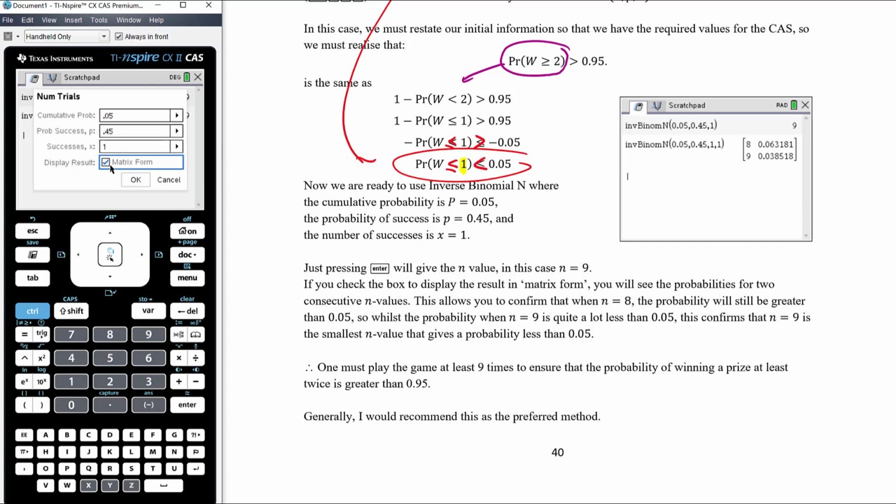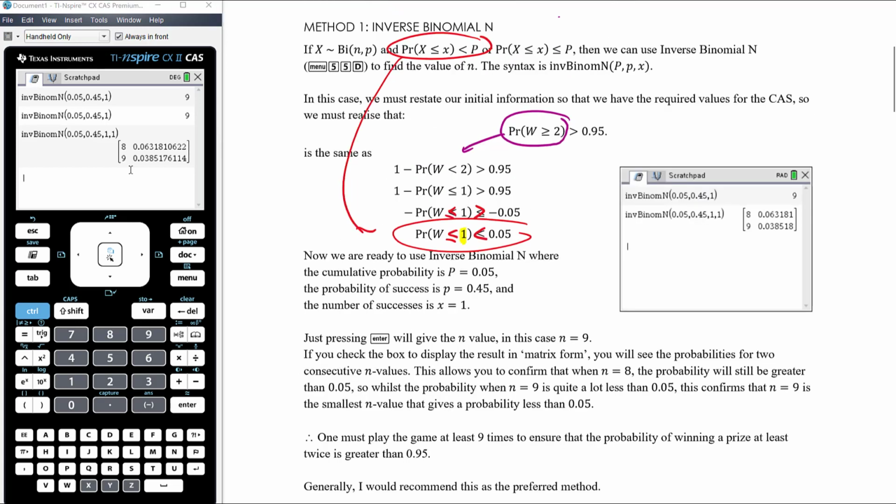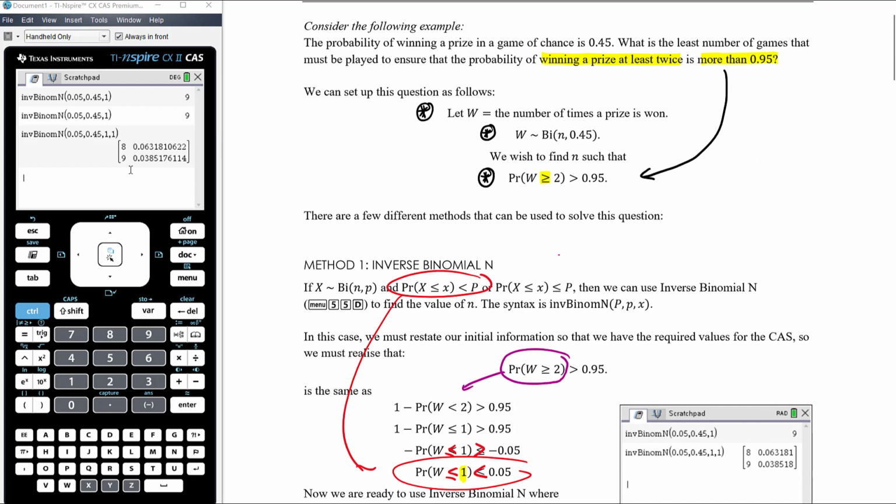So if I tick that box and then press OK, I'll get it in matrix form, and what this does for me is it allows me to verify that if n were to equal 8, the probability that W is less than or equal to 1 is 0.063, so that is still bigger than 0.05, and so therefore I can definitely confirm that when n equals 9, that's the first time that the probability is less than 0.05.